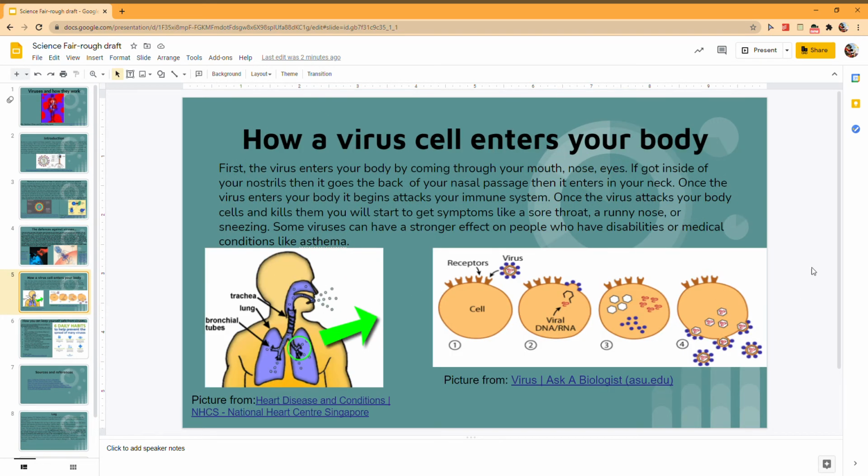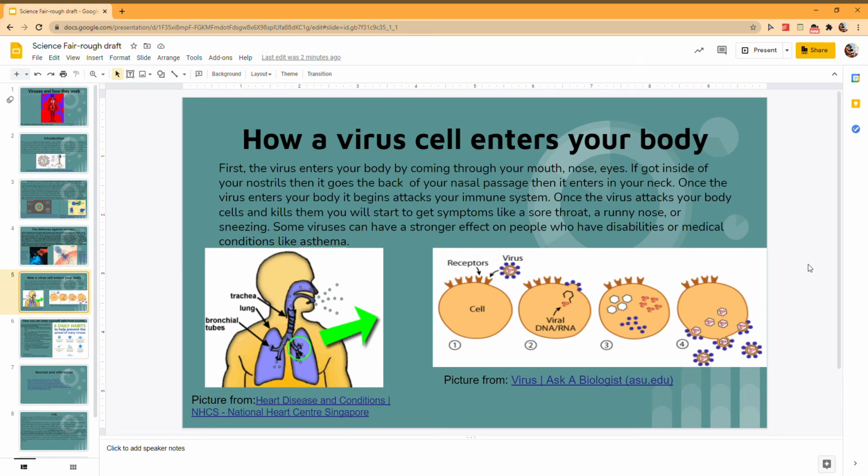How a virus cell enters your body. Firstly, the virus enters your body by coming through your mouth, nose, or eyes. If it is inside your nostrils, then it goes to the back of your nasal passage, and then it enters through your neck.